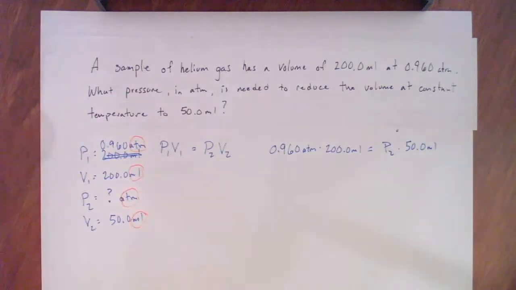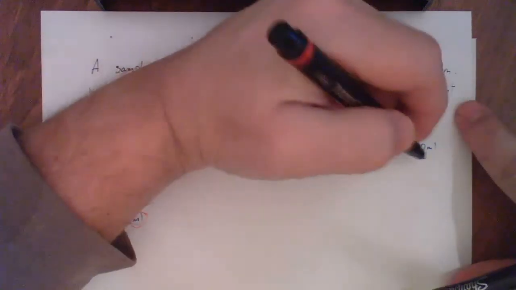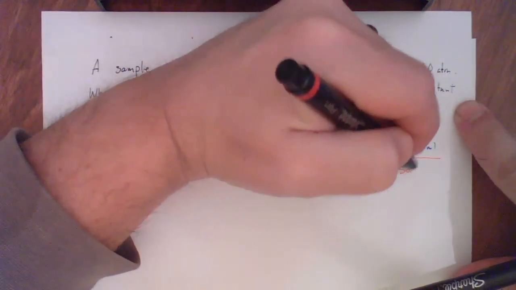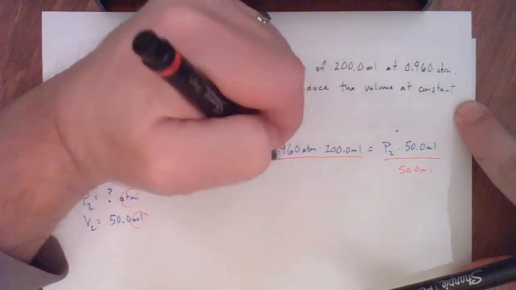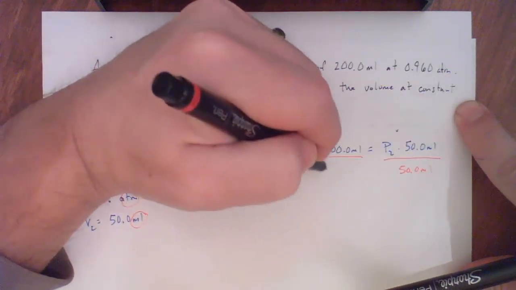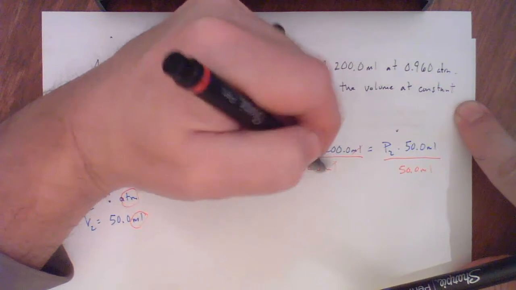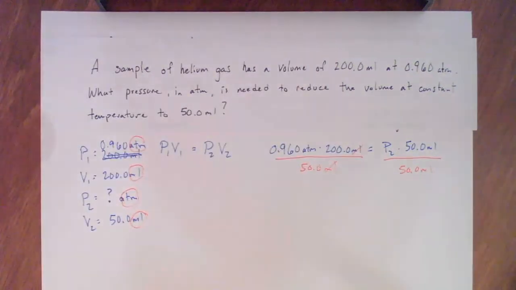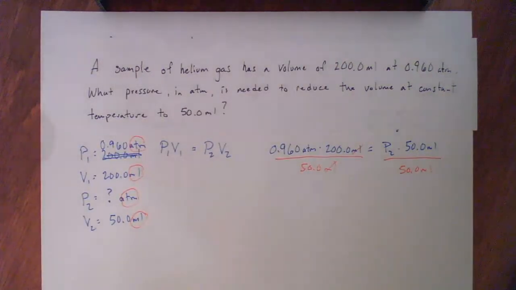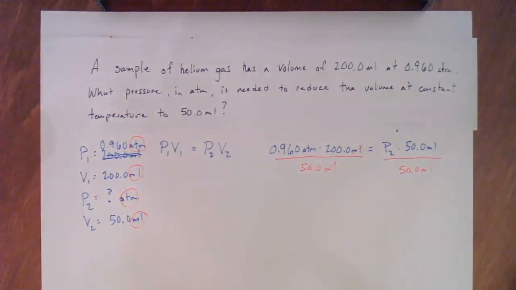Okay? And then it just becomes an algebra problem. So all we have to do now is solve. So we'll divide by our 50 milliliters. And our milliliters will cancel out and we'll get our answers. Then we just have to grab our calculator and we'll walk through. Punch in our numbers.